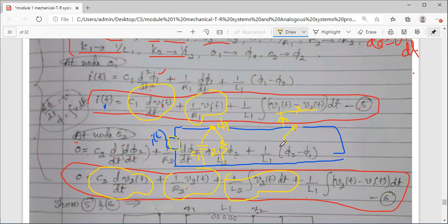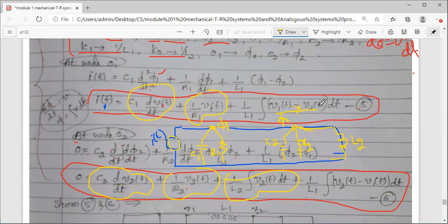So one extension I will take as C2. You can take any one first, no problem, because anyhow they are in parallel, voltage remains same. There is a resistor, R2, and an inductor also. I will not take one more, because already I have here, I will connect the inductor here. This is your L2.